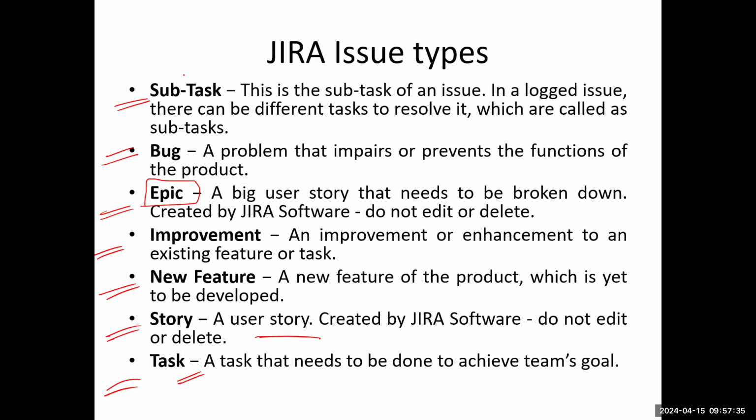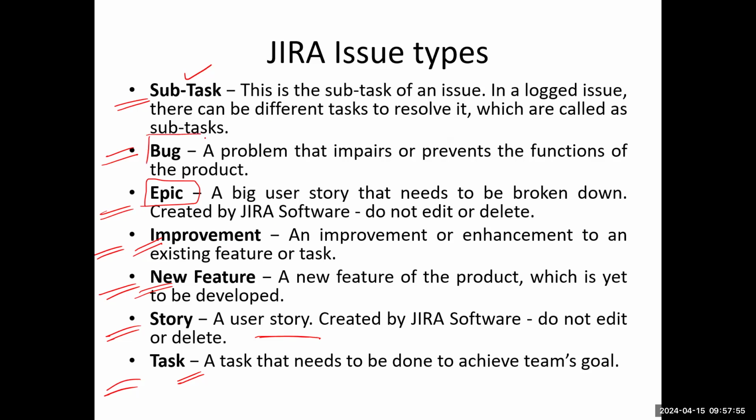So we can say those are subtasks. Easy. Then somewhere we need to add some new feature into the software as per the requirement of the customer. Then it goes to new feature. Improvement, something we are updating. Any existing feature or task we are updating, that's what improvement is.